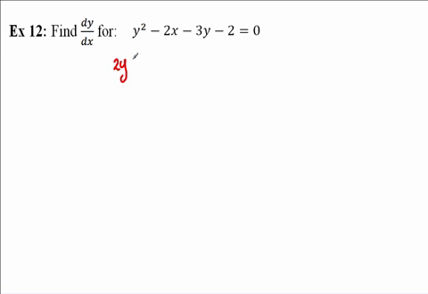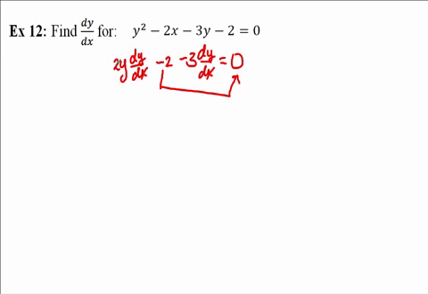2y. It's a y, so we write dy/dx. Minus 2, because it's that. Minus 3, derivative of y. Oh, that means we need a dy/dx. Notice even though the y went away, we still have to write dy/dx. And the derivative of this, of course, is 0. And that equals 0. So notice here, we have two dy/dx terms. So we're going to keep those on this side, but move this to the other side.